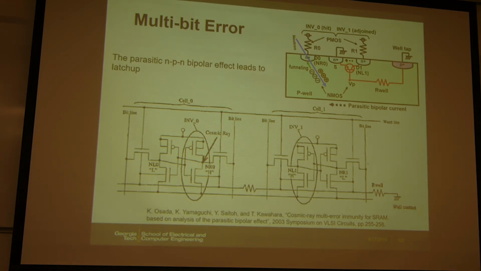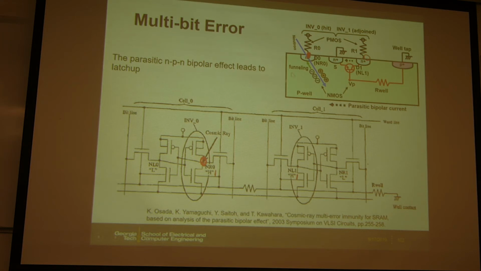Here we have two SRAM cells, and the data pattern we store here is 1, and this one is 1. And this cosmic ray just hit this location, the PN junction here. If we draw those transistors in this cross-section view, this is this node here, and here this node is here.